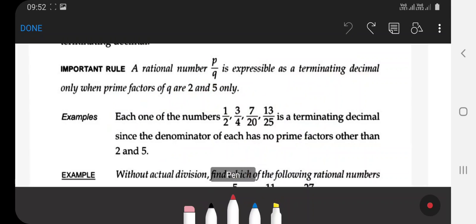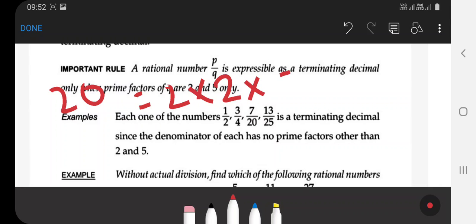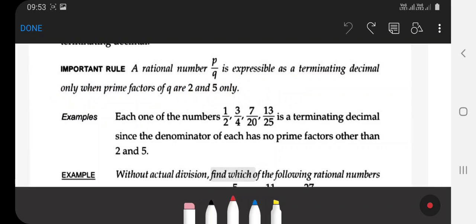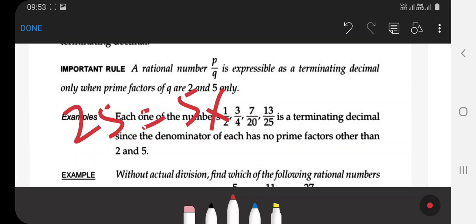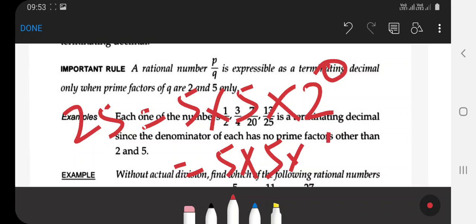In the third question 7 by 20, 20 is written as 2 into 2 into 5, 4 fives are 20. Clear? In the fourth question 13 by 25, the denominator 25 is represented as 5 into 5. So we put 2 to the power 0, that is equal to 5 into 5 into 1, that is equal to 25.